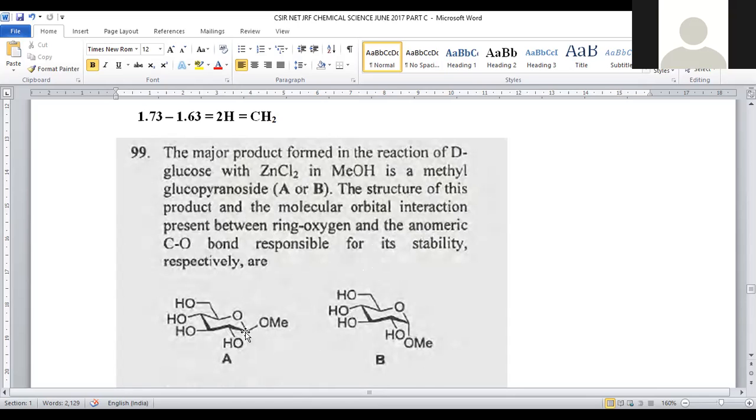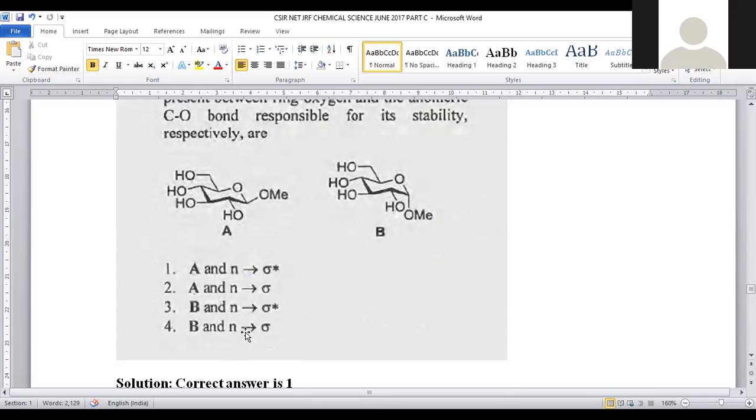What is meant by anomer? Anomeric center: the carbon in the entire structure of the compound where the geometry of the functional group will vary. Only at one center can we consider an anomeric center. At the first carbon, if the positions of groups are interchanged, that carbon is said to be an anomeric center.